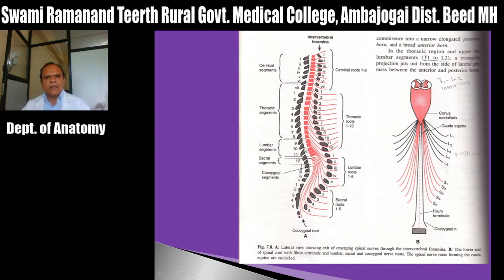Now see, the spinal cord ends at the level of L1, but the spinal nerves are emerging at the coccyx level also. So the nerve has to take an oblique course in order to go to its subsequent intervertebral foramen as it ascends up.